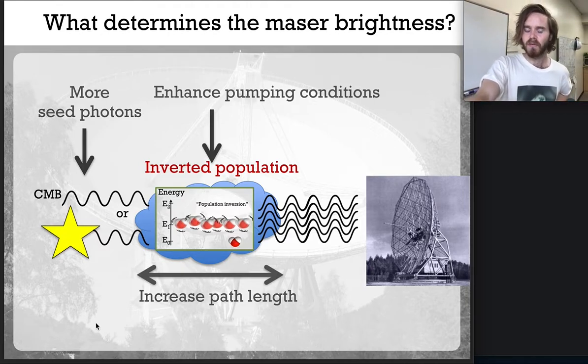So radio frequency photons are the seed photons for radio frequency masers. That's what I'm trying to say there. So if you wanted to change the maser brightness, ways of doing that would be to increase or decrease the path length, enhance or mess up the pumping conditions, and increase or decrease the seed photons.